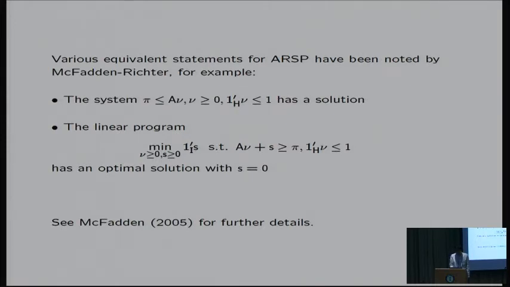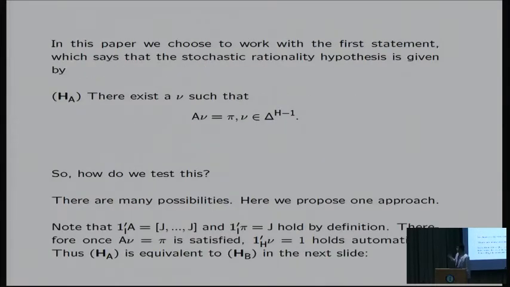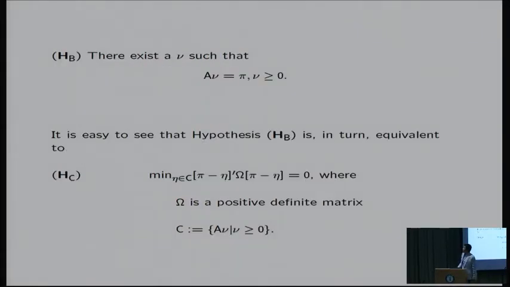Okay, and so that's the restriction we want to use. We are saying that this relationship should hold, where this delta h minus 1 just says that nu is a kind of probability vector. And we can do a tiny bit of calculation to show that the nu adding up to 1 restriction is actually redundant, so you can just eliminate it.